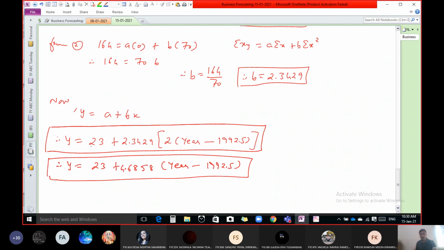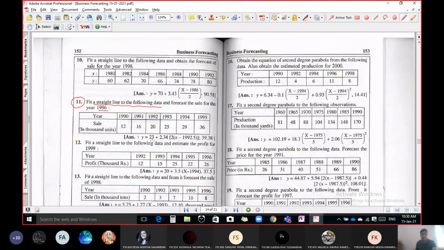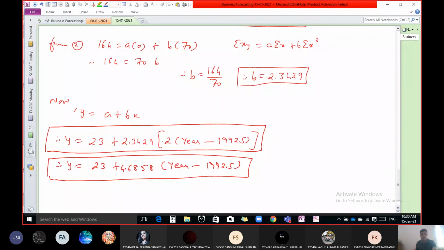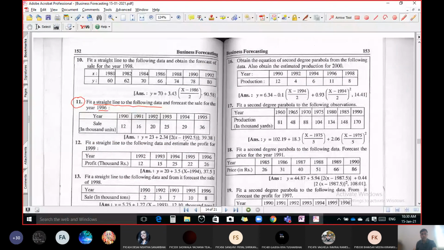Here in our answer it is given that y equal to 23 plus 2.34 in bracket 2 times year minus 1992.5. So it is perfectly all right. And now we have to estimate for 1996.